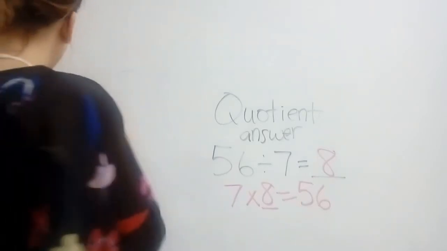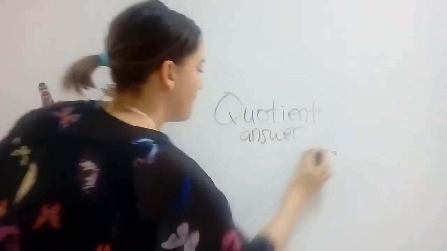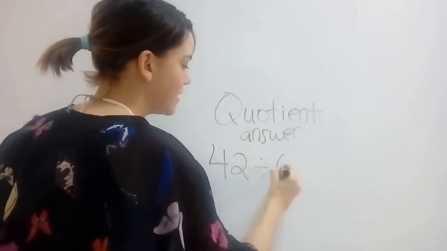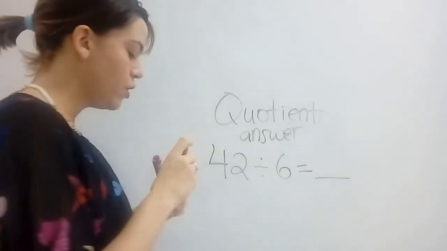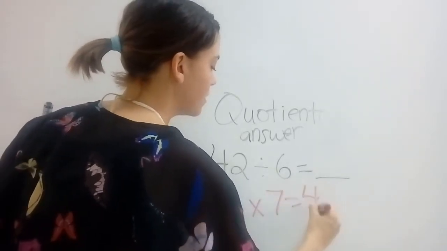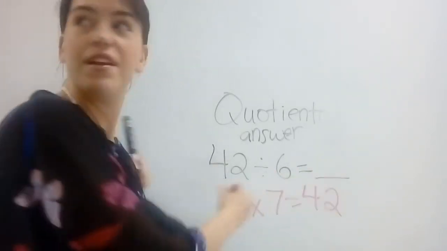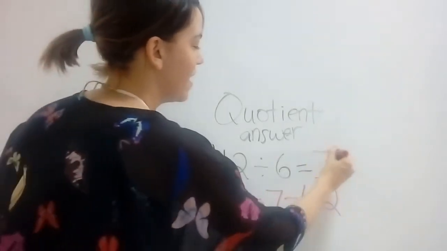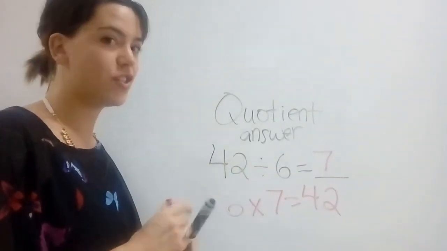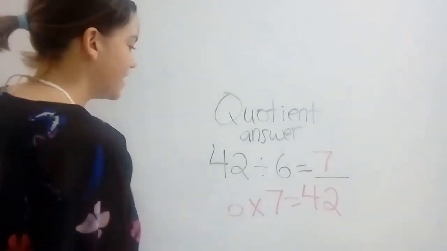Let's do a couple more. If I say 42 divided by 6 equals, you tell me that 6 multiplied by 7 equals 42. Look for the number that's missing here. That's 7, so 42 divided by 6 equals 7, just like the examples we just did.